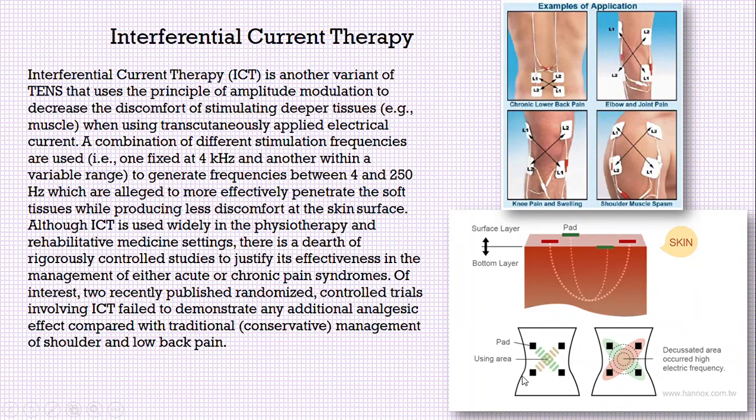They place them in a cross type so that the decussated area has a high electric frequency. Here the circle will be the affected area that we need to cure. And there are different combinations of stimulation frequencies here.